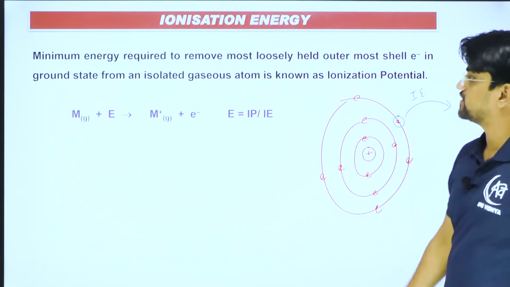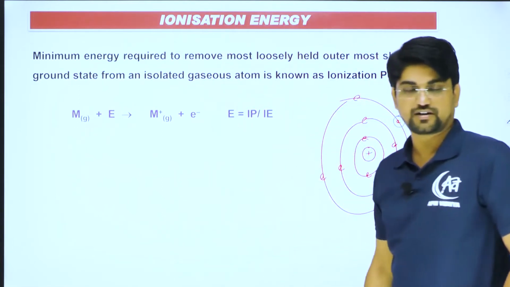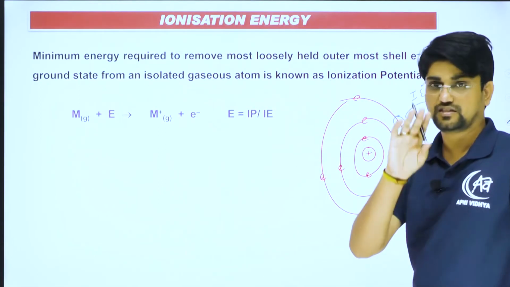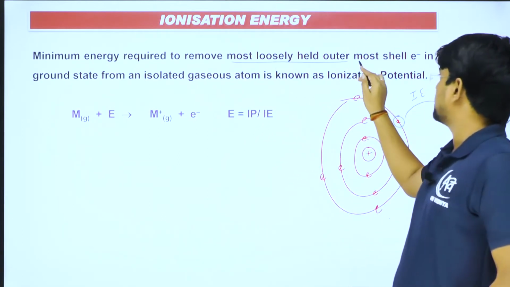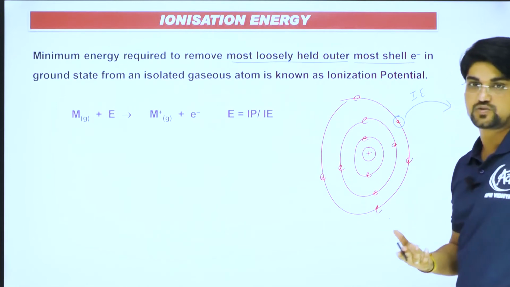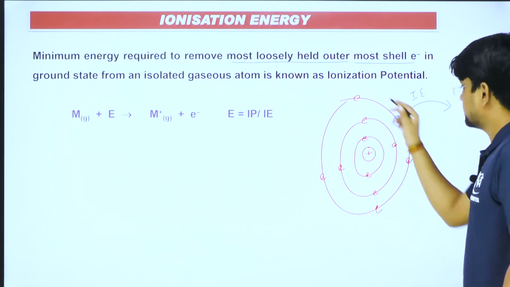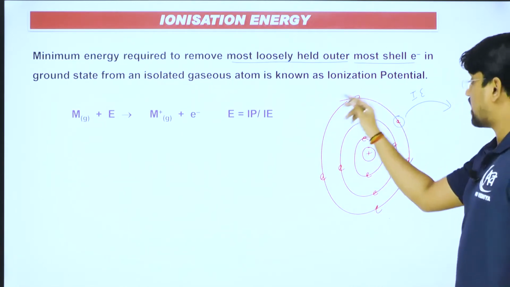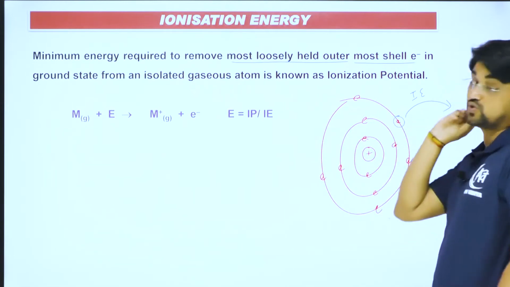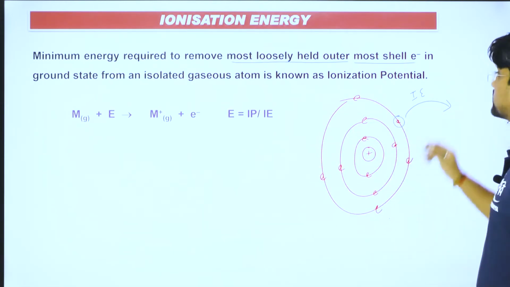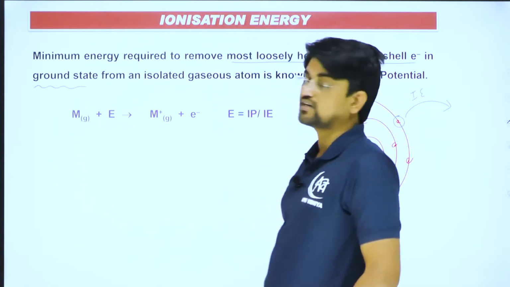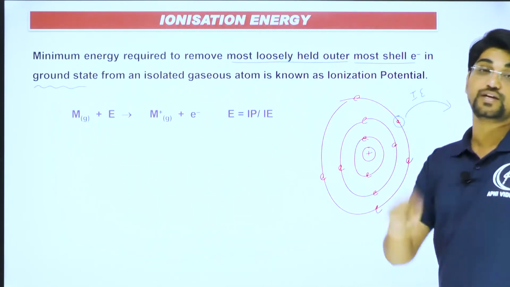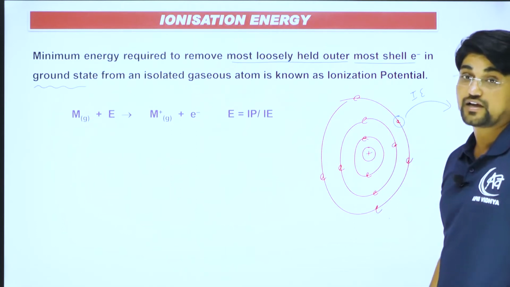Again, point to point: minimum energy required, the amount of energy that should be minimum, to remove the most loosely held outermost shell electron in the ground state. Yes, this is a very important point. The electron should be in the ground state.